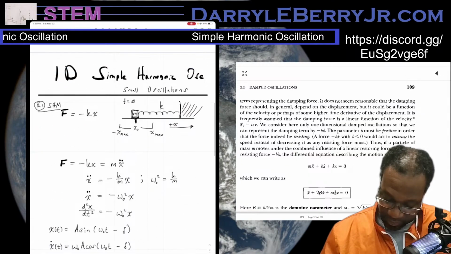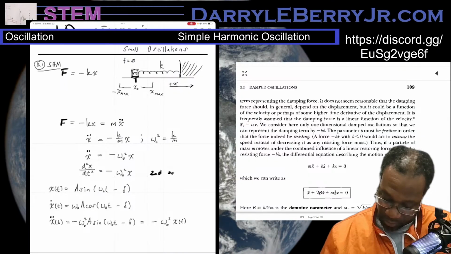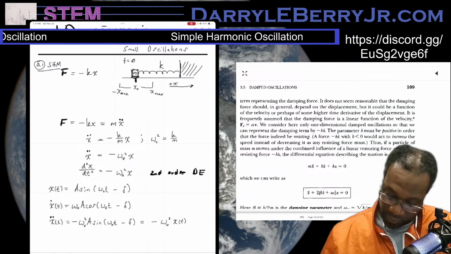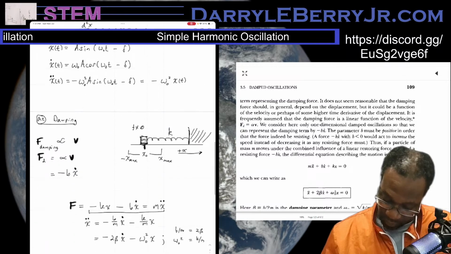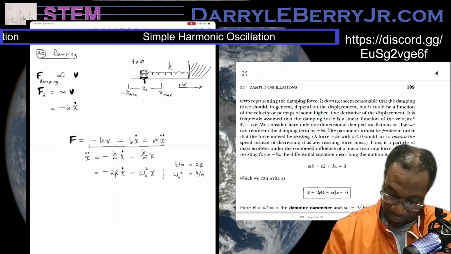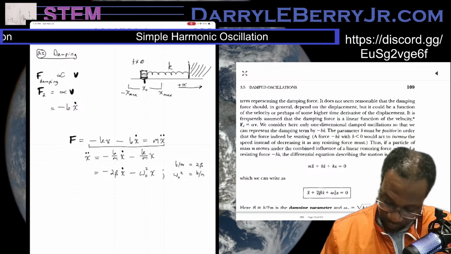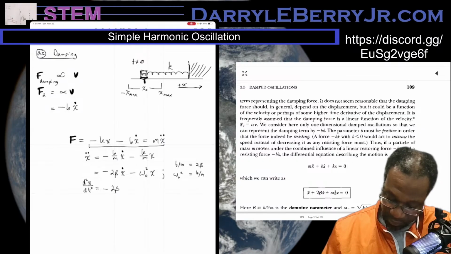So as we can see, this was a second order differential equation. We have d squared x over d t squared equals negative 2 beta dx over dt minus omega naught squared x.